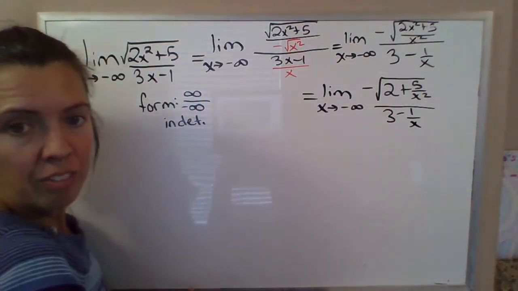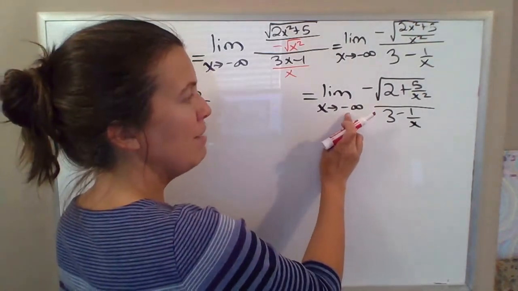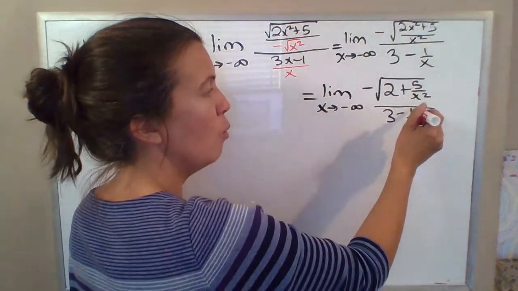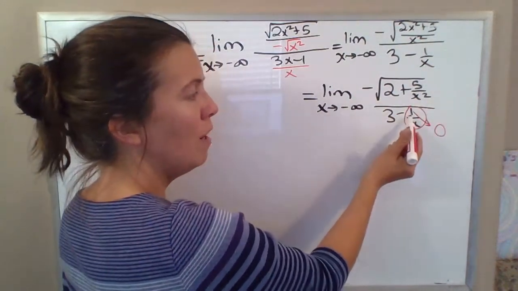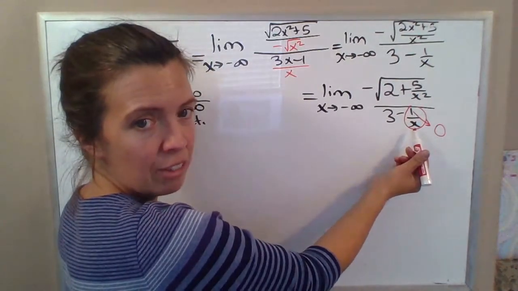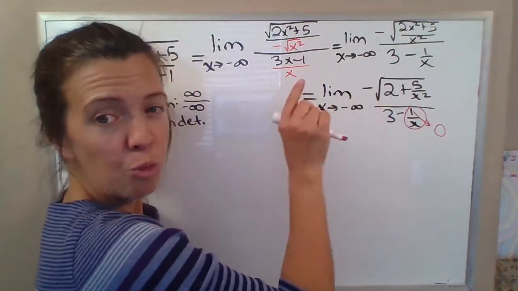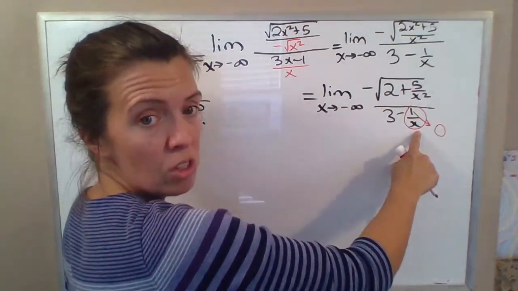Now, this is the part that's more fun, I think. As x approaches positive or negative infinity, things like 1 over x approach 0, because you have 1 over some huge negative number, 1 over negative 100,000. So that's negative 1/100,000. That's very, very small, so essentially 0.